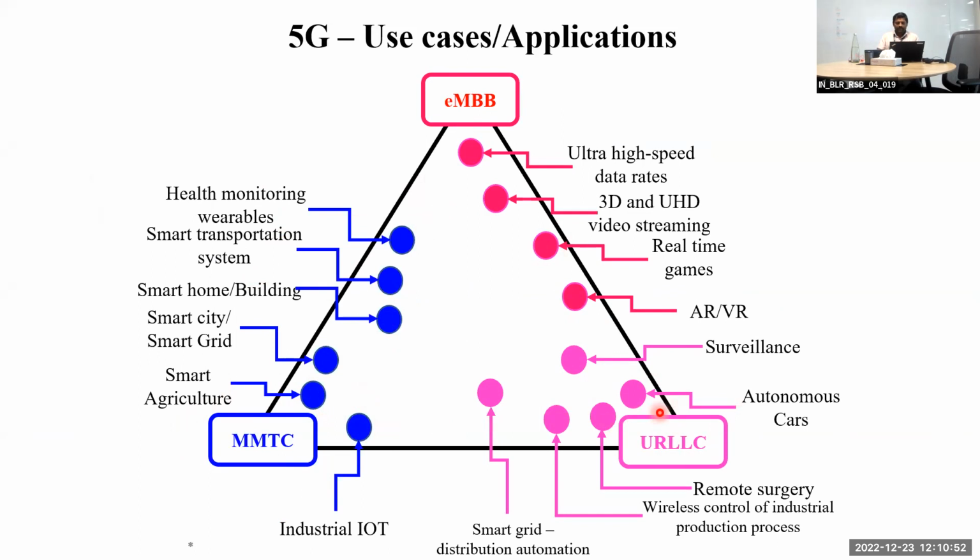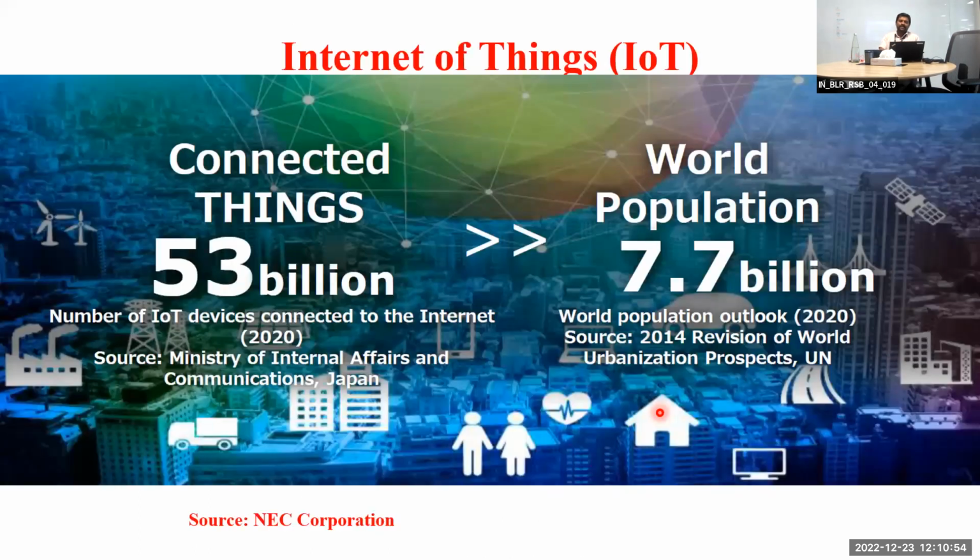Next is Internet of Things. The buzzwords now, apart from 5G, are Internet of Things, 6G, and terahertz communication. Many things are going on, right? As of 2020, 53 billion devices are connected.